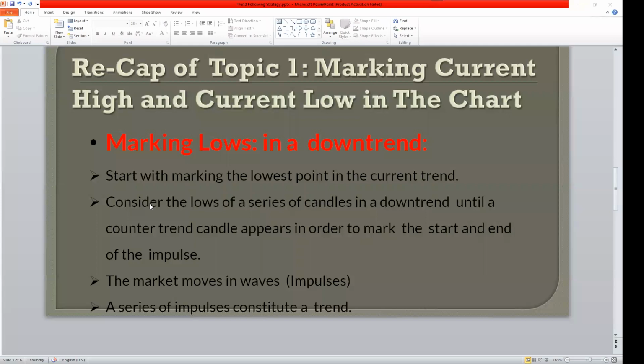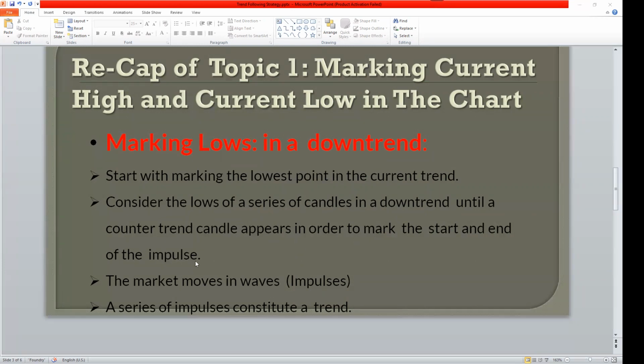That's why that becomes the beginning point, so that now you can move backwards and establish, if this was the low currently and I can see it, which was the high of that impasse, and then you move backwards, now going upwards. For this, you consider a series of candles in a downtrend until a counter trend candle appears to mark the start and the beginning.